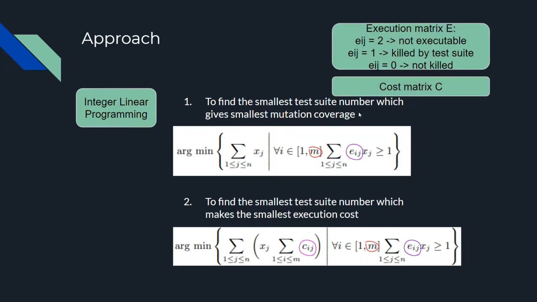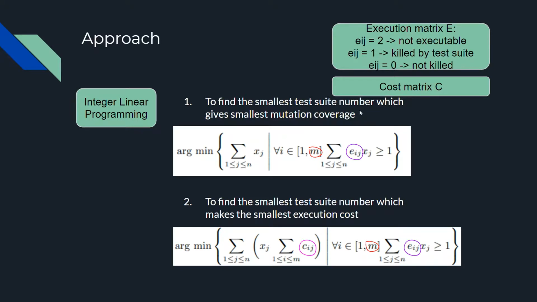According to the definition of the execution matrix, E_ij is equal to 2 when the mutant M_i can't properly execute. Otherwise, E_ij is equal to 1 when the mutant M_i is killed by the test case T_j, else E_ij is equal to 0.